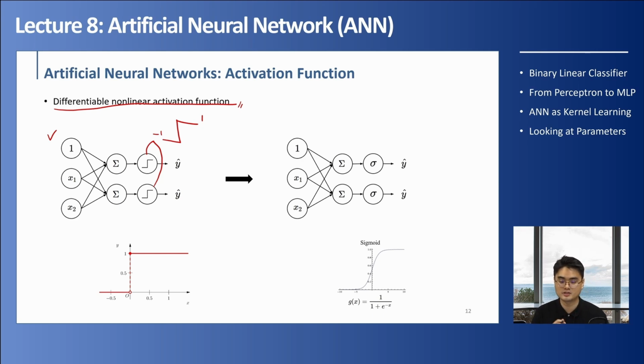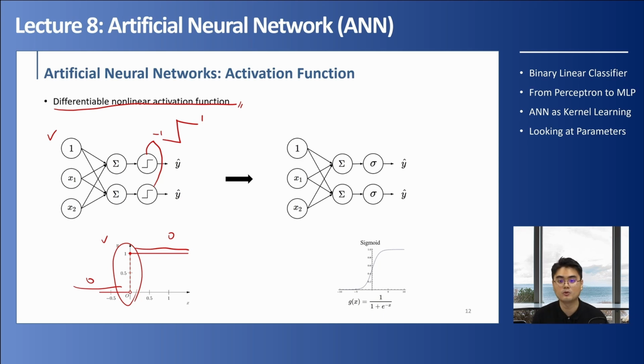During this procedure, we need to calculate the derivatives of our functions. However, this step function is not really good for calculating derivatives, because you can see that it is discontinuous here, and also the derivatives are all 0. So it's not a really good function to use when we're training neural networks.